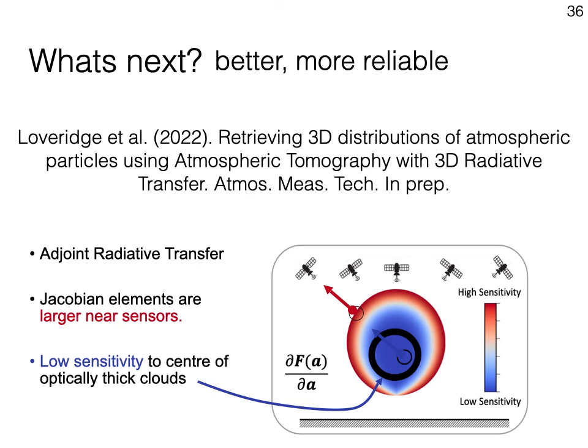But how does the optimization approach handle optically thick clouds? This illustration by Jesse shows a decrease in sensitivity with optical distance from the sensors. Jesse shows that extra care should be given to minimize recovery biases in an optically thick regime.